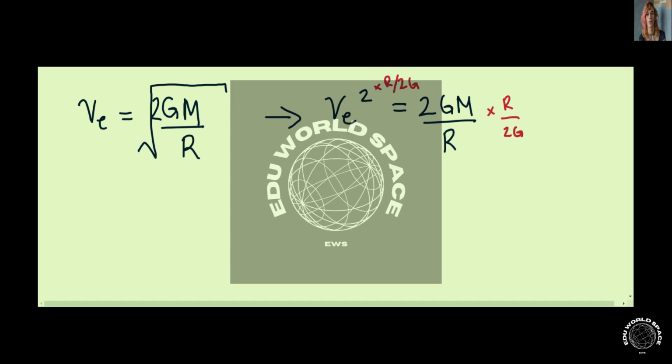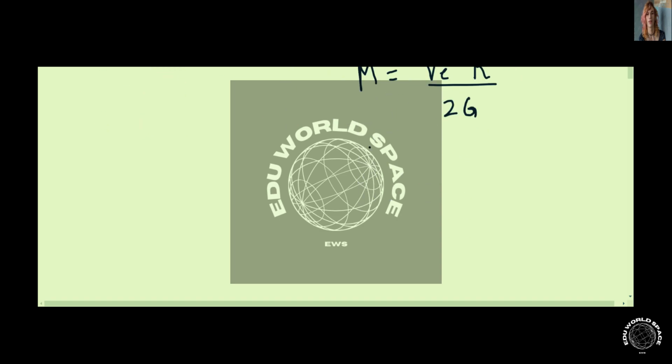And so that'll give us a formula for the mass equal to VE squared times R divided by 2G. And so we can just go ahead and sub in the values that we've been given. So 1 meter per second squared for the escape speed. The radius, we were given the diameter, it's 9 kilometers across, so the radius is 4.5 kilometers, or 4,500 meters.